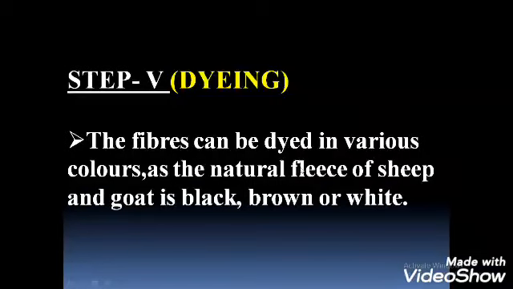Then our fifth step is dyeing. What do you mean by dyeing? Colored, right? The fibers can be dyed in various colors. We know that the natural fleece of sheep is black, white or brown, but this fleece can be dyed in various colors.